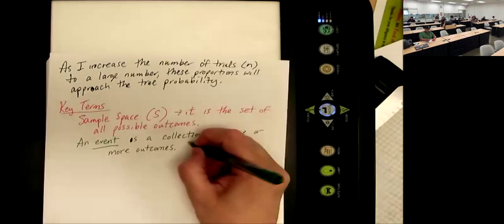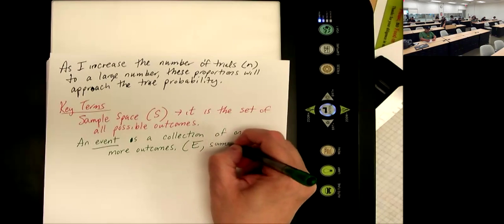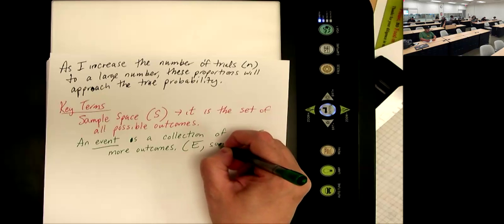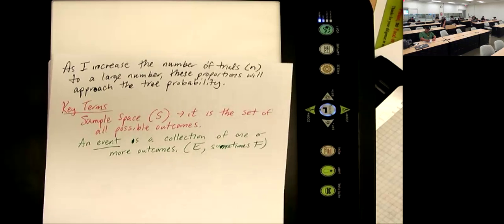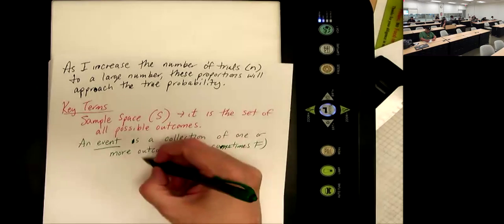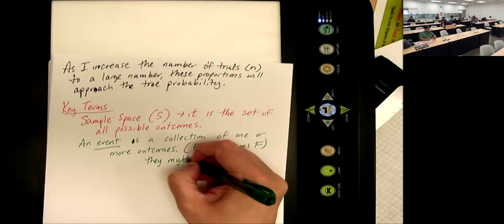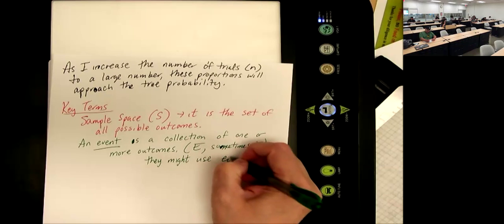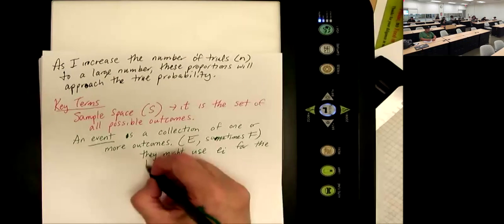This usually goes by the letter E, sometimes F if we need a second letter. And when they list the outcomes, they might use lowercase e with an i for the different outcomes in an event.